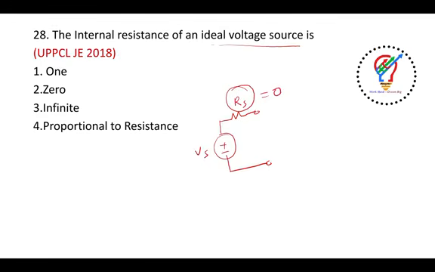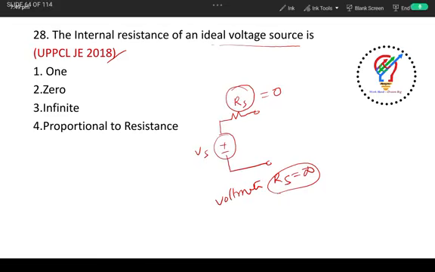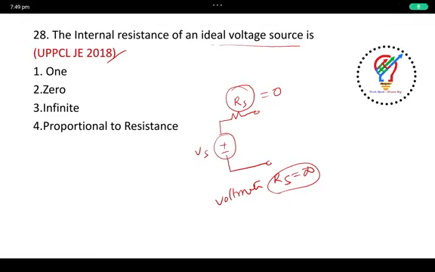In case of a voltmeter, RS should be equal to infinity. I will discuss that question separately. But for now, understand the internal resistance of an ideal voltage source is 0. This question is asked in the UPPCL JE 2018. So next question here.